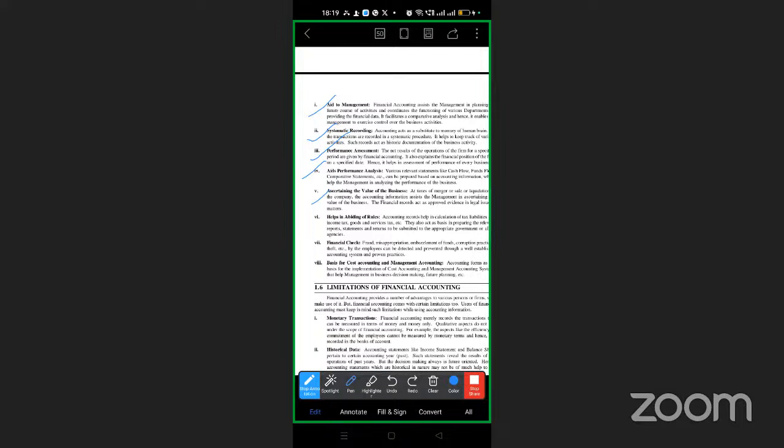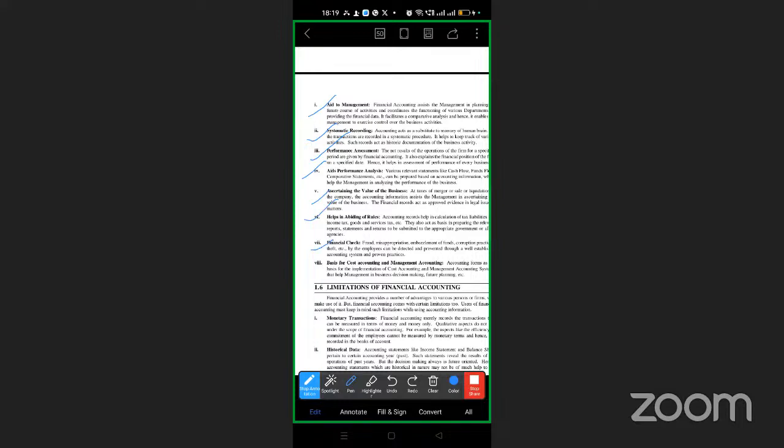When a merger takes place between two banks, the bank taking over wants to know the financial position, and this can be understood with the help of financial accounting.